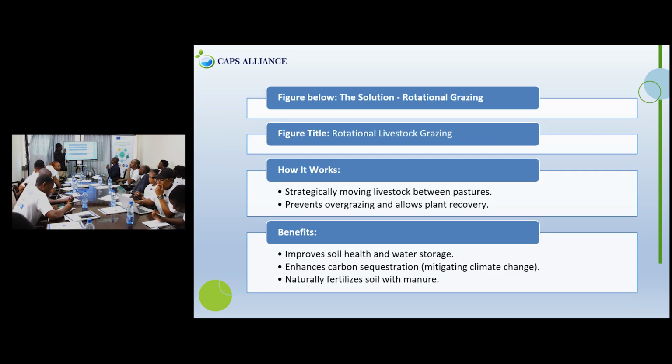Now, solutions. We have rotational grazing. What do you mean by rotational grazing?